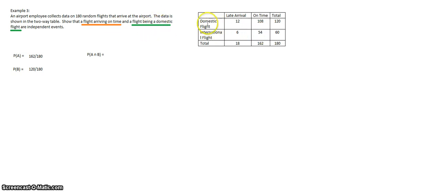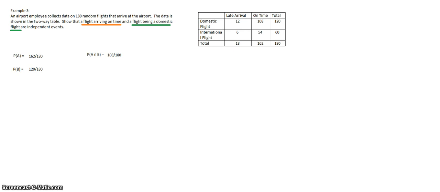Looking over here, where domestic flight and arriving on time intersect, right here, 108 flights are domestic flights that arrive on time. So that probability is 108 over 180.